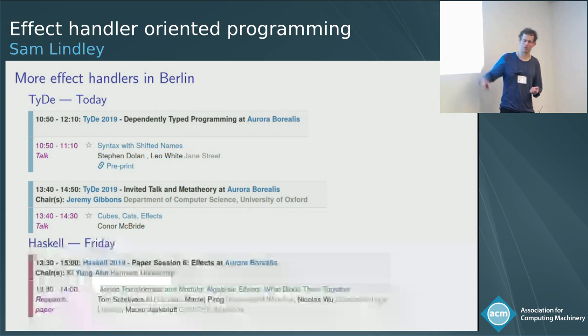And I believe Connor, I don't know if he's even finished his talk yet. And then there's a talk later in the week at the Haskell workshop, which is comparing the expressive power of monad transformers and effect handlers.